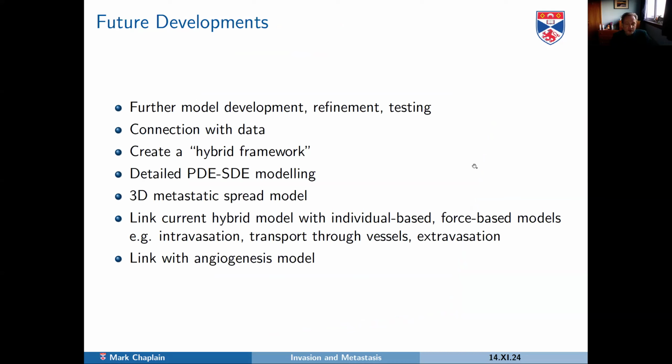Okay, so for the future developments, we'd like to carry on with the modeling there and refine it further. And we'd like to create this hybrid framework for the metastatic spread and look into some more detailed PDE to stochastic differential equation modeling and develop a three-dimensional metastatic spread model.